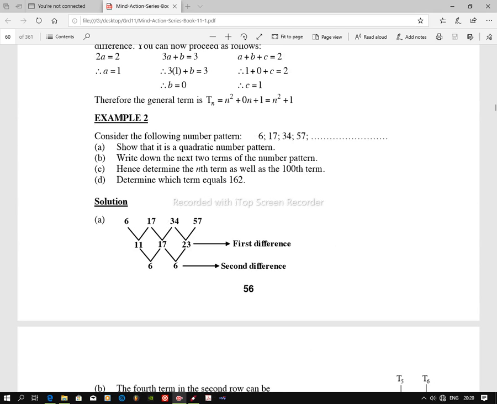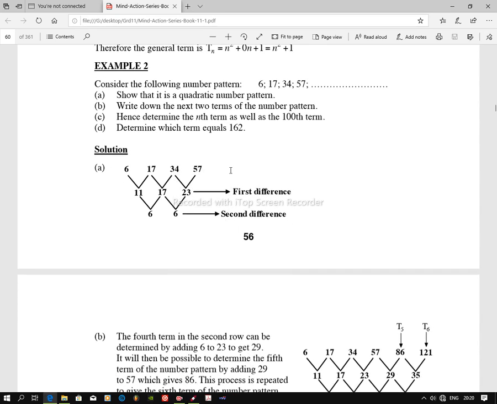Let me just not skip this, because they say consider the following number pattern: 6, 17, 32, 57. So A, they say show that it is a quadratic pattern. How do you show that this is a quadratic pattern? A quadratic pattern will always have the first difference and the second difference. So that's how we can see that this is a quadratic pattern. You understand? Here's the solution there.